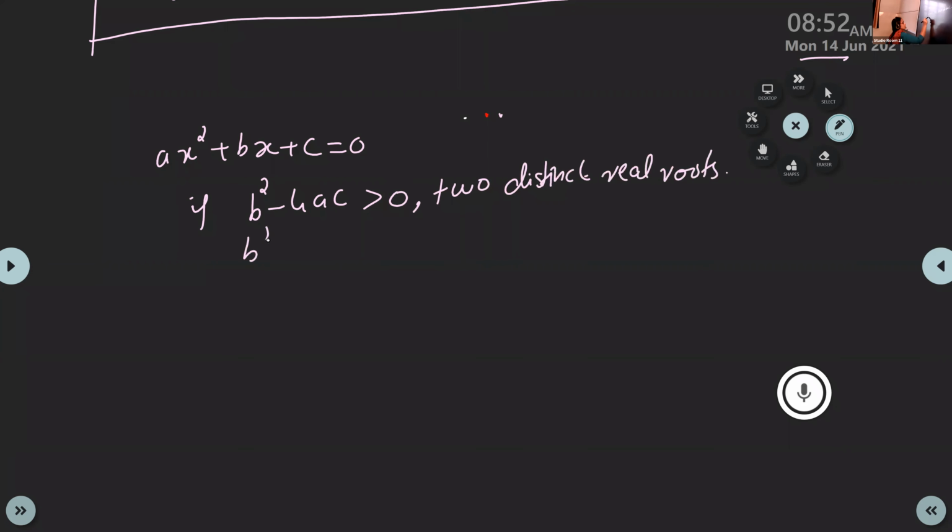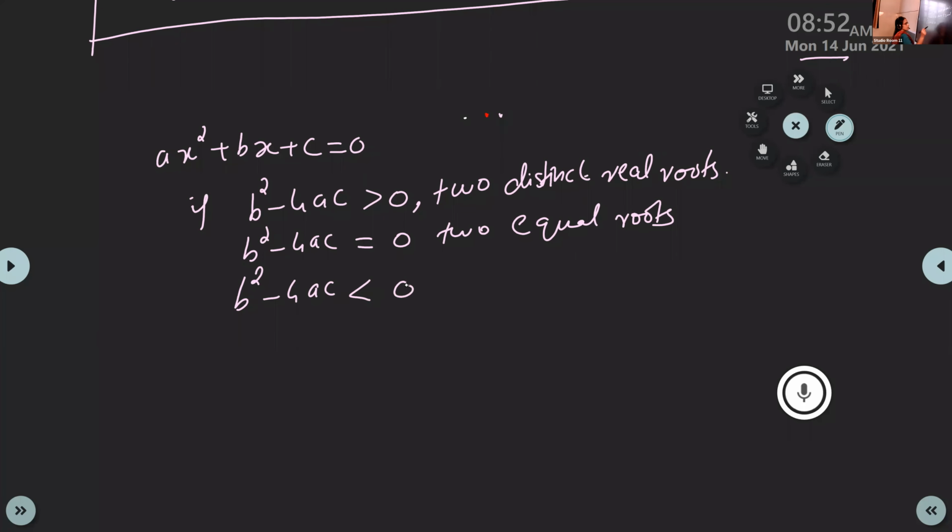If b square minus 4ac equal to 0, two equal roots. And if b square minus 4ac less than 0, no real root.